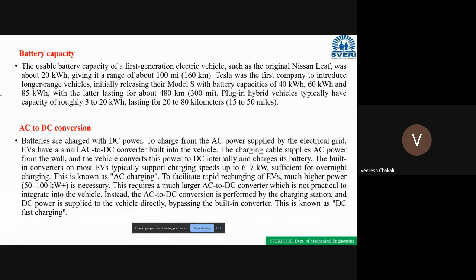They also developed battery capacities from 20 kilowatt hour to 85 kilowatt hour, so it can travel up to 480 kilometers once charged. Clear? So the same AC to DC conversion, we have already discussed in the charging infrastructure, the charger circuit.